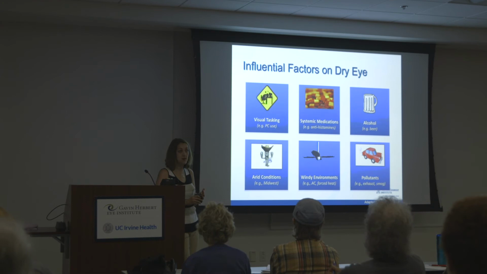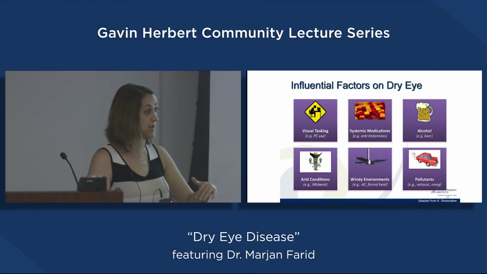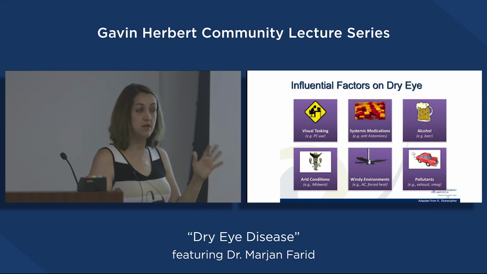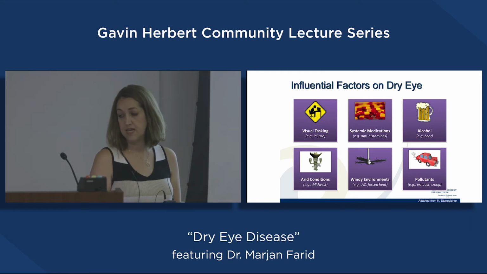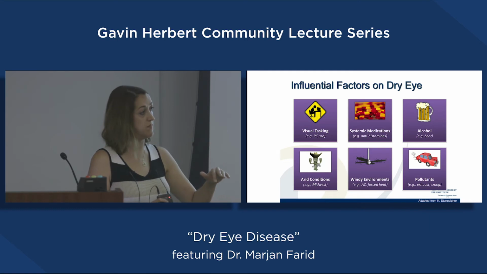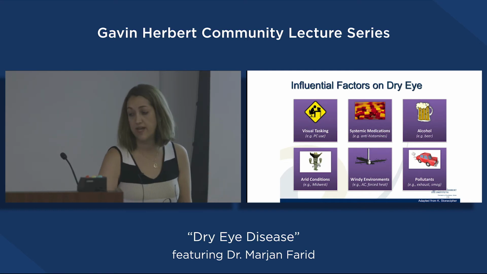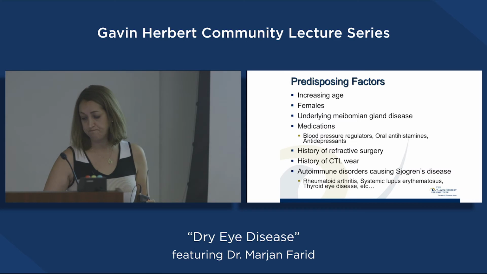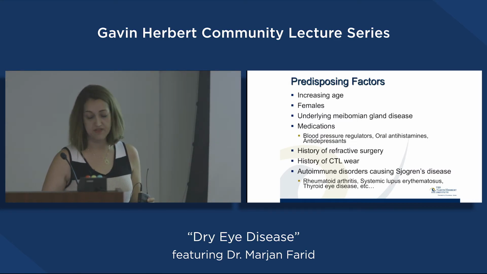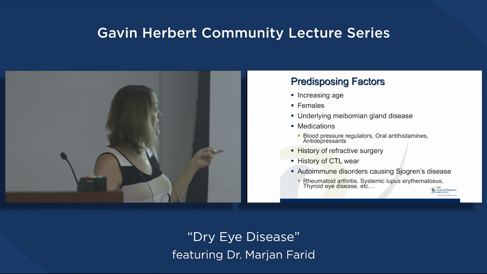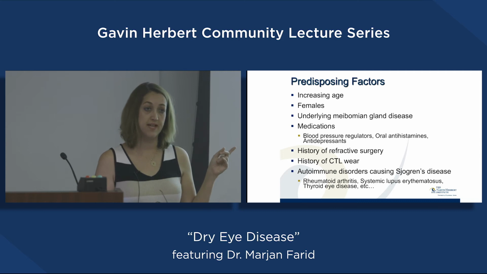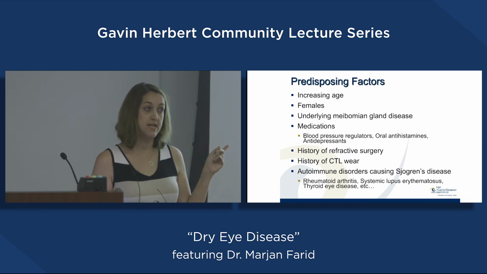Hormonal impacts are huge in women as well as men. Testosterone to some degree is protective against dry eye disease, but all of our testosterone levels, women and men, decrease over time, and so age is also a risk factor. We talked about some of these other things. History of contact lens wear. History of any surgery in the eye can make dry eye disease a little bit worse.